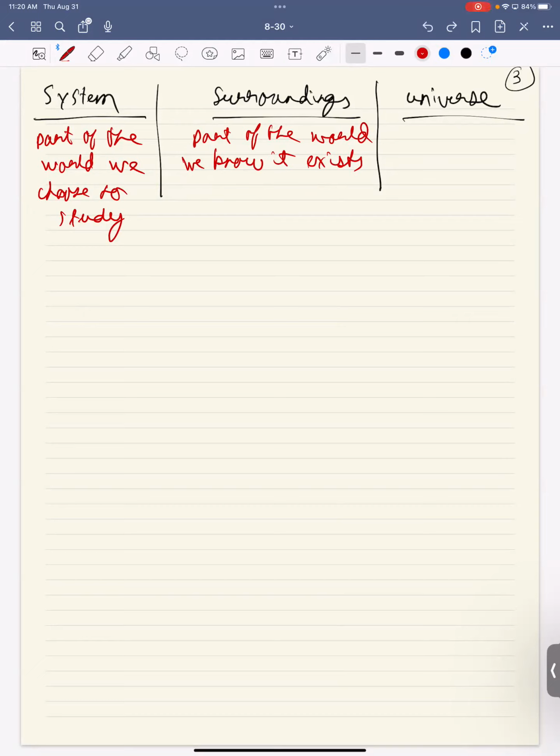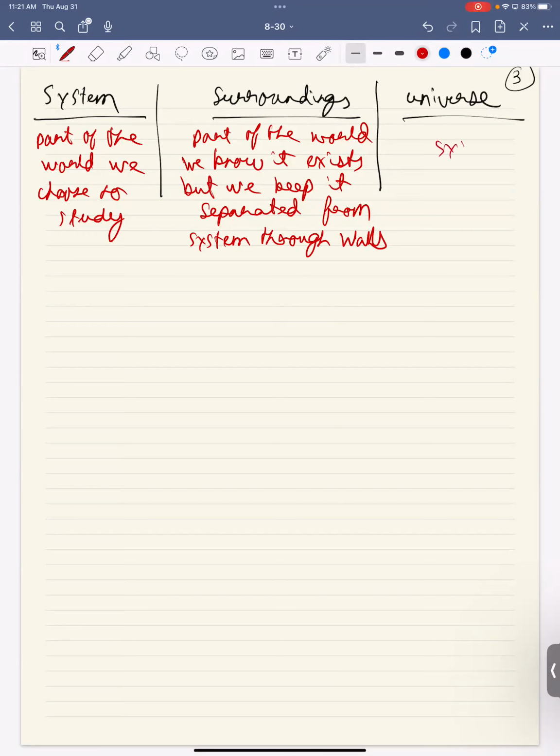We know it exists, but we keep it separated from the system through walls. We will talk about walls in just a bit. And universe is simple. It is simply system plus surroundings.